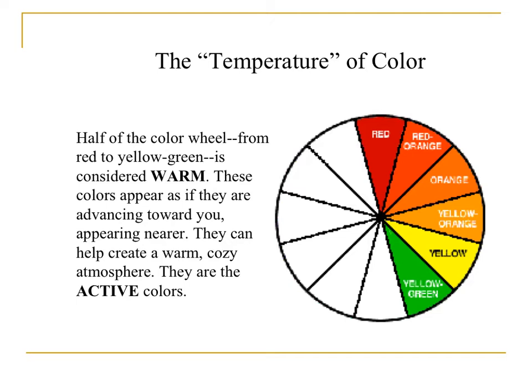Half of the color wheel, which is from red to yellow-green, is considered warm, right? Warm colors are active colors. I encourage you to go to the Color and Motion website and look at the descriptions, particularly for red, but all of these colors advance, and they are all considered to be active.